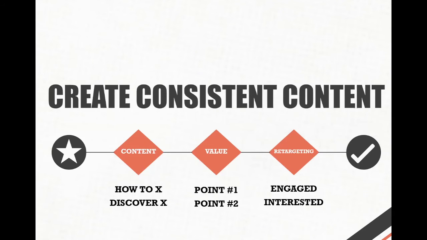Okay, creating consistent content. So now that you have the process, your framework, your 3 pillars, now we break down each pillar into different topics, subjects, things that we can talk about in our content. But it's about creating consistent content every day. The reason we do that is because of Facebook's algorithm, and we start with Facebook, like Facebook Lives.